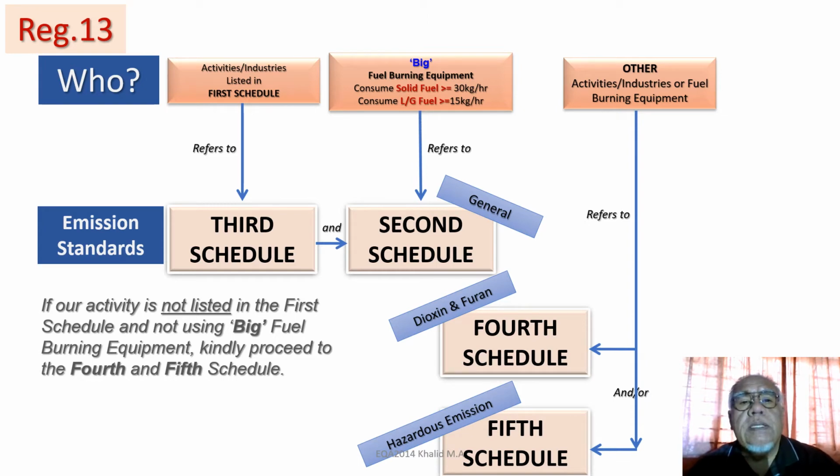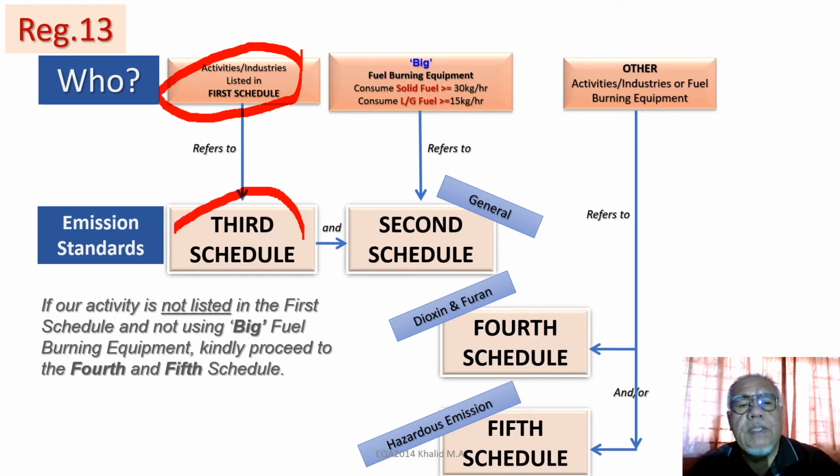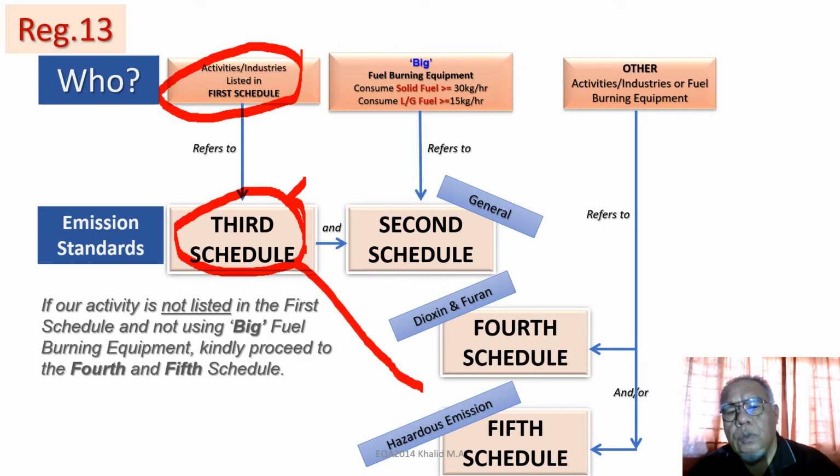Now back to what we have done before. Remember, this is the key to this regulation. Check whether we are belonging to the first schedule. And remember, the law says activities listed in the first schedule shall conform to the limits, emission standard and parameters stipulated under third schedule. And there, as you have seen, there are some notes below this table, and those notes sometimes might link this sort of parameters in the third schedule to especially the fifth schedule.